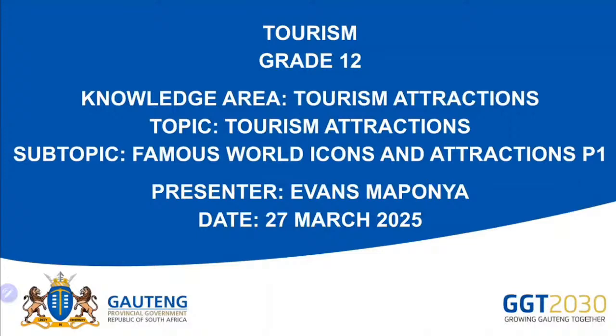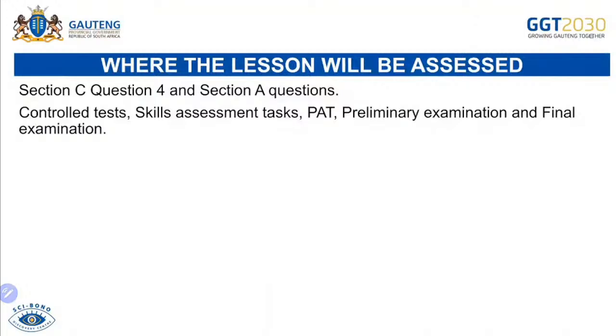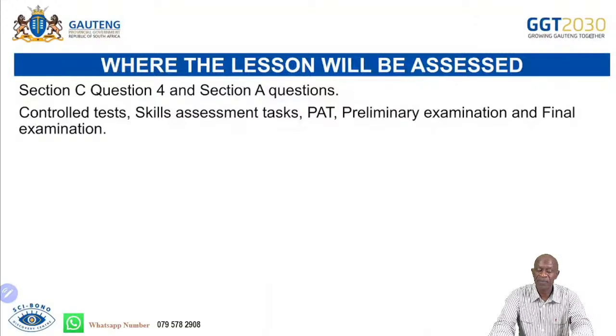Please bear in mind that this is the first part. This is part 1 of the famous world icons and attractions. Right, let's go on, grade 12 learners. Where will this topic be assessed?